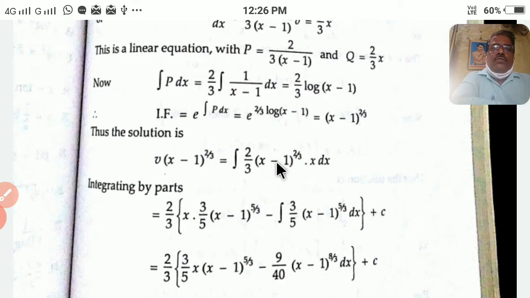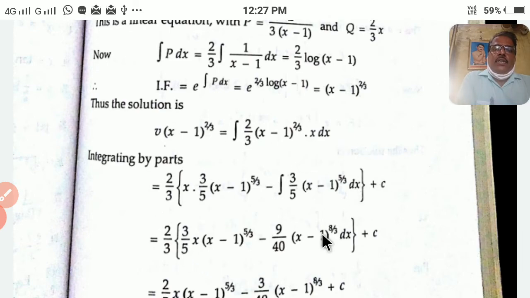Here it is of the form x^n, and the integration of x^n is x^(n+1)/(n+1). So (x-1)^(2/3+1) is (x-1)^(5/3) divided by 5/3, so 5/3 comes in the numerator and it gives 3/5. So 3/5 (x-1)^(5/3) minus the integration of 3/5 (x-1)^(5/3) dx, into the differentiation of x, that is dx, plus constant c.